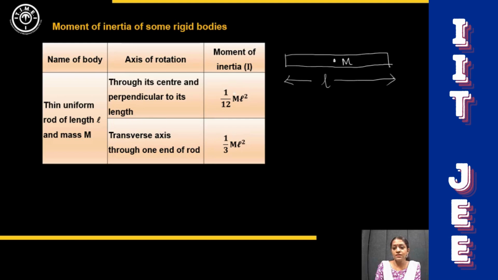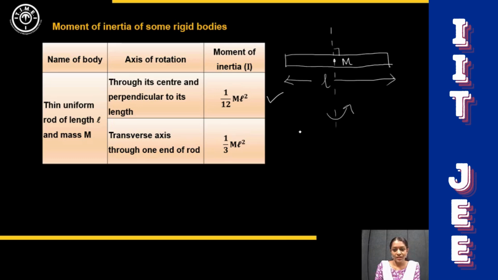First of all, we are considering an axis which is passing through the center of mass of the rod, and also it is perpendicular to the plane of the rod. And if you consider that the rod is rotating about this particular axis, the equation to find the moment of inertia is given by ML square by 12.